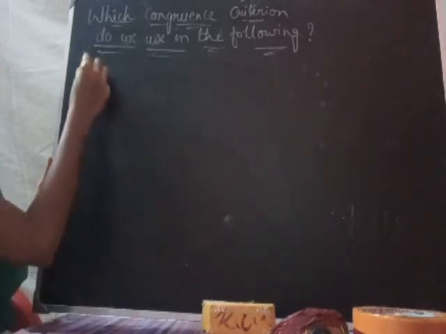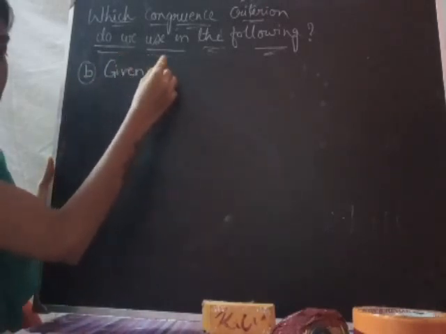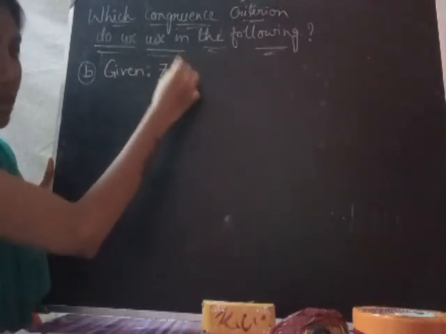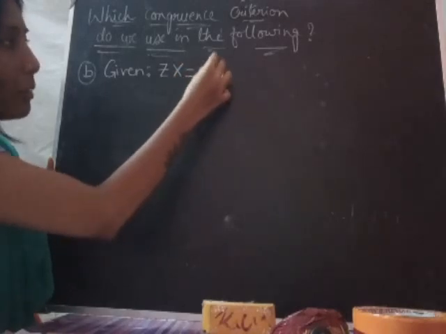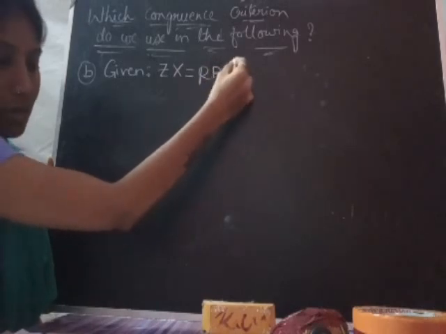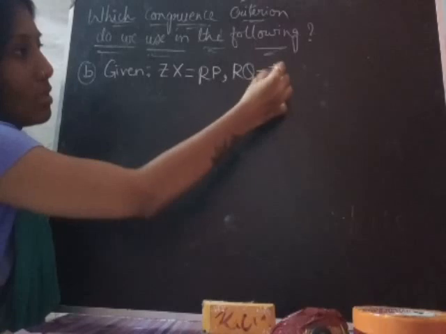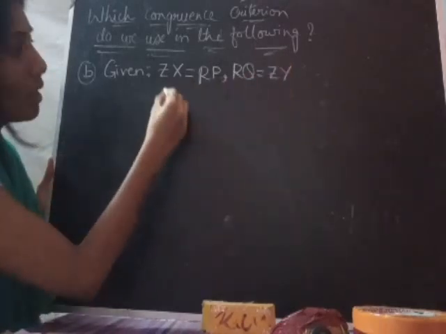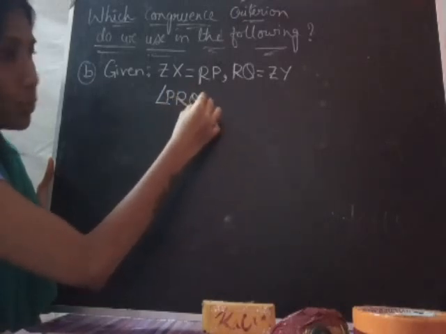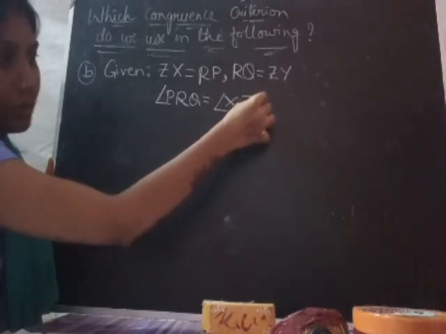Given ZX equals RP, and RQ equals ZY, and angle PRQ equals angle XZY.